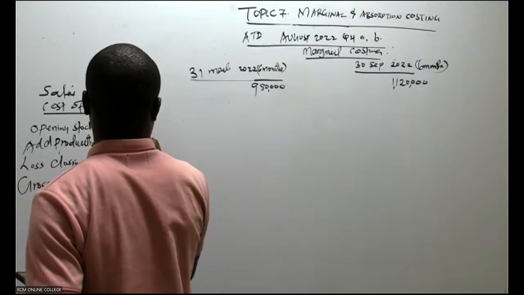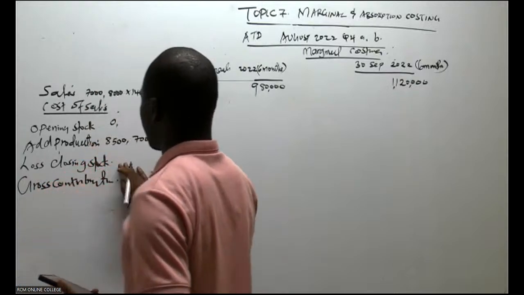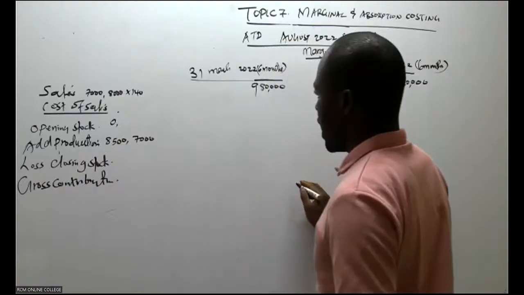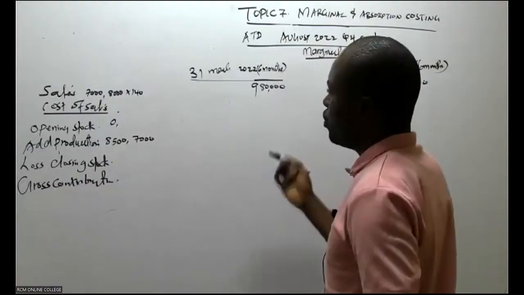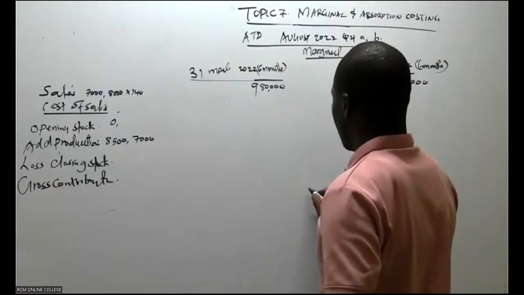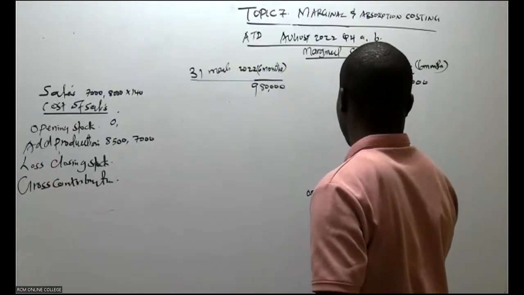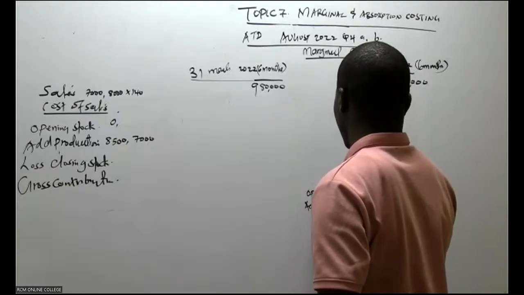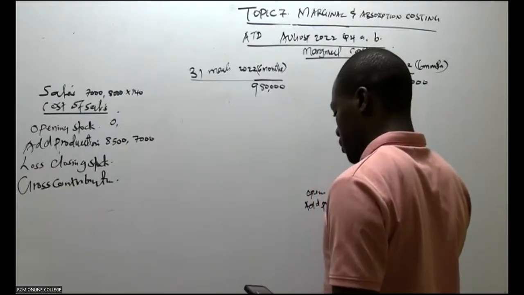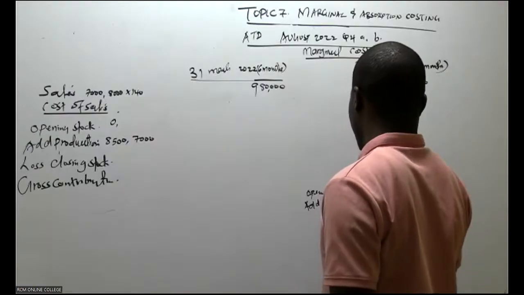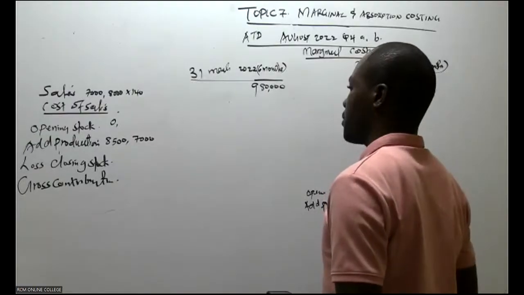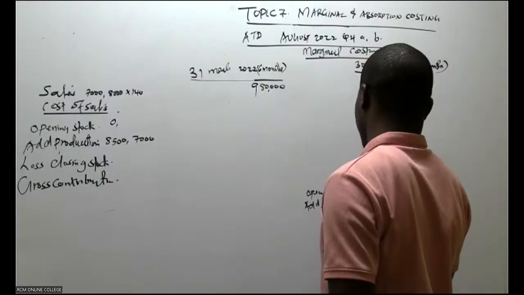Are we able to get closing stock? Here, for us to get units that have been sold, remember, opening stock, we are told is 0. You add production, which is 8,500.